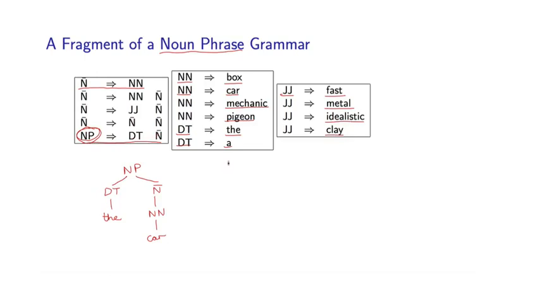Okay, so let's try a second example. So again, I have NP goes to determiner n-bar. And now I'm going to make use of this rule, which says an n-bar can be formed by an adjective followed by an n-bar. So I'll use this rule.